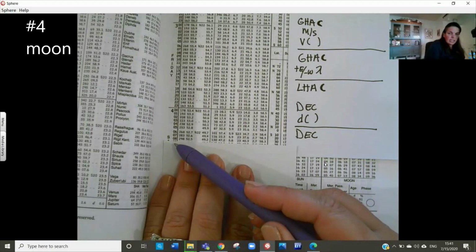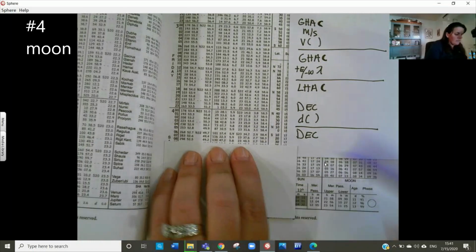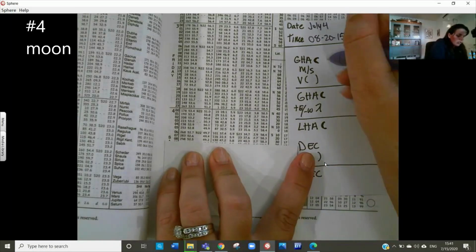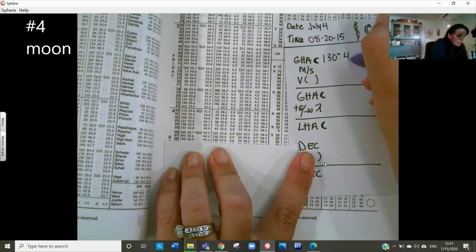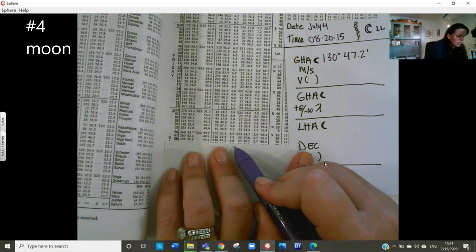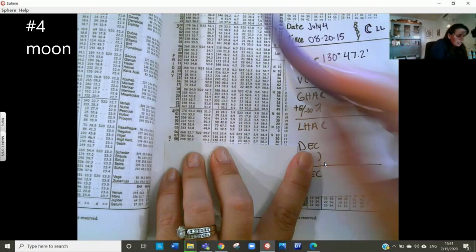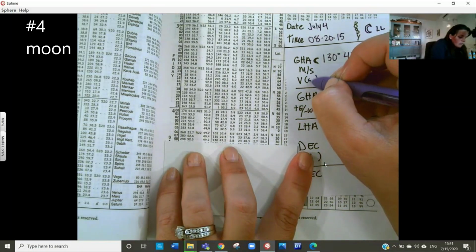So we're looking at the 800, and we're going over to the moon category for GHA. So GHA is going to be 130 degrees, 47.2 minutes. And then we have minutes and seconds, but we also need to mark down this V correction. So V is going to be 5.8.